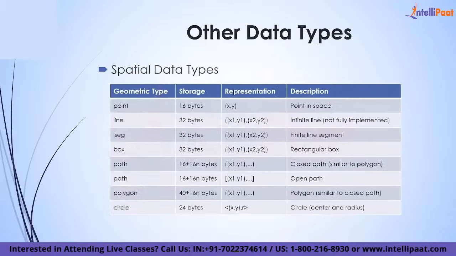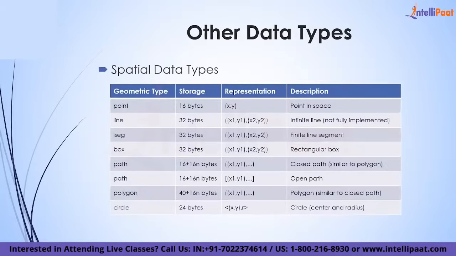We have this kind of data types in Postgres related to spatial data. We can use points like longitude, latitude. Those kinds of things you can store in the geometric data types. You have these spatial data types in Oracle also.